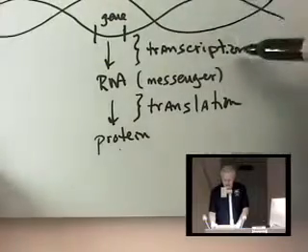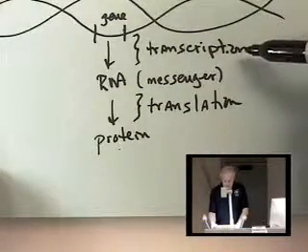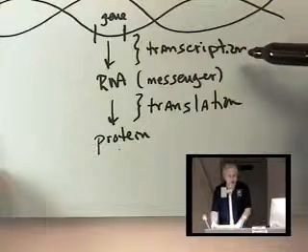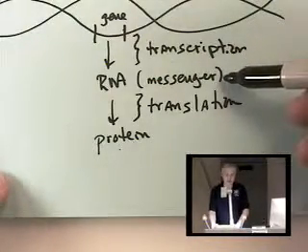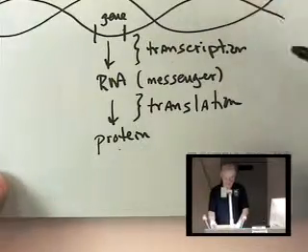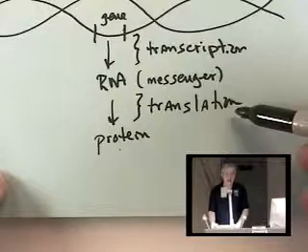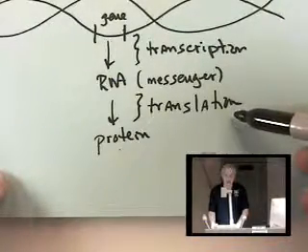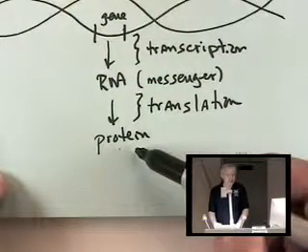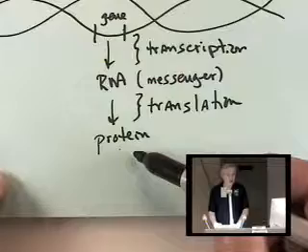Now, in eukaryotes, uniquely, there's RNA processing as part of this overall transcription to get to the mature messenger RNA. In prokaryotes, it's immediately available as messenger RNA. Translation is, in essence, the same in prokaryotes and eukaryotes, but after the protein is initially produced, it will undergo processing.